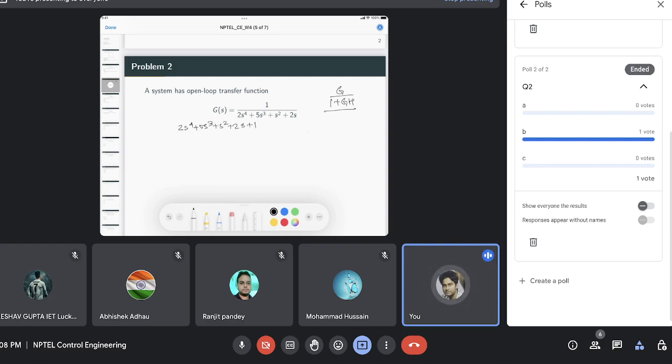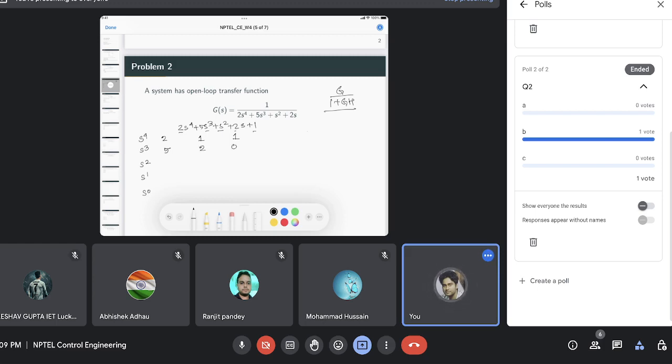Then you just write the Routh table. So you have the highest degree s^4, and s^3, s^2, s^1 and s^0. For s^4 it is 2, 1 and 1, and for s^3 it is 5, 2 and 0.